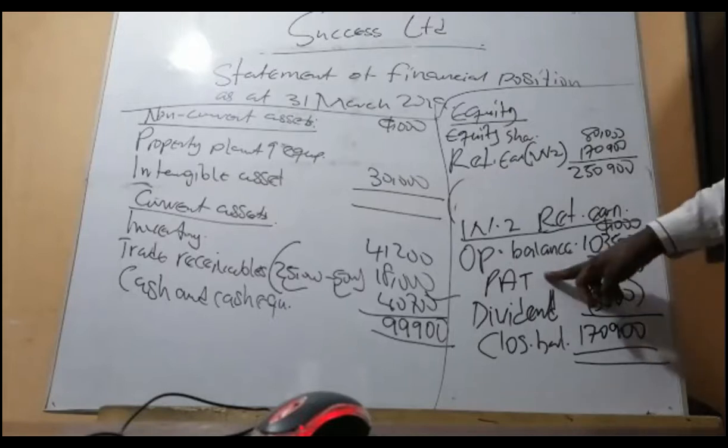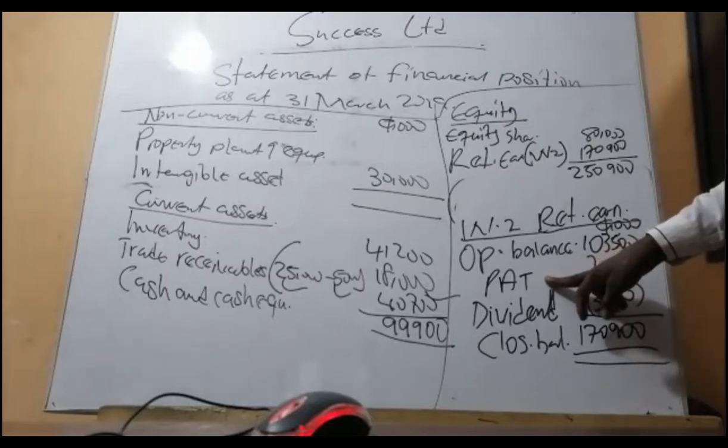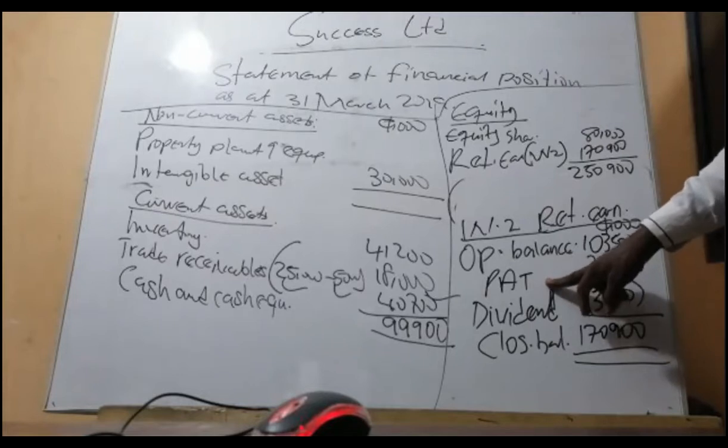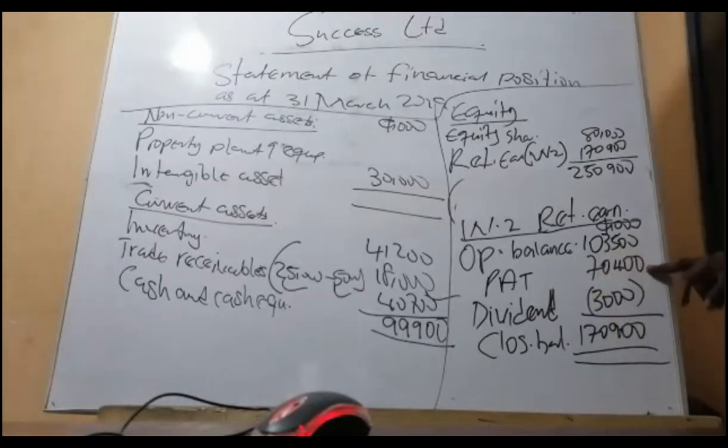Then we add the profit for the year, the profit after tax, coming from the comprehensive income, 70,400. Then we subtract the dividend of 3,000. That gives us this figure, so we place it back here. Good, so that's it. It's time to take this one off.